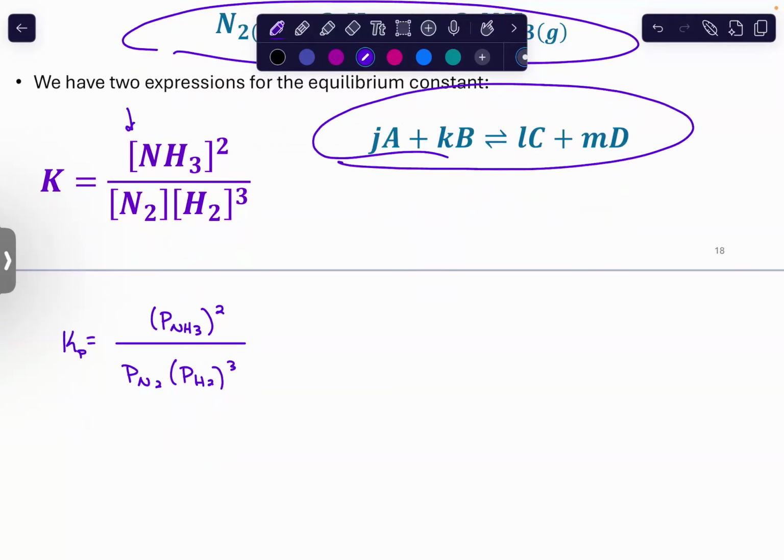Okay, so let's use this general chemical equation here. We know that our K is going to look like that.